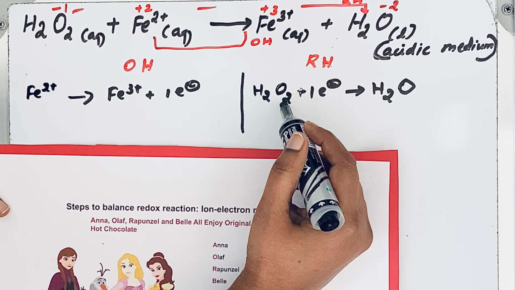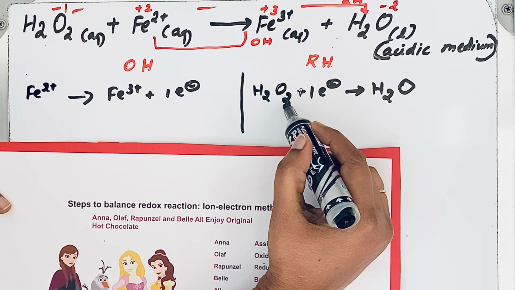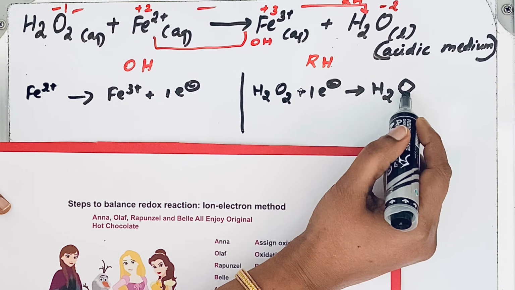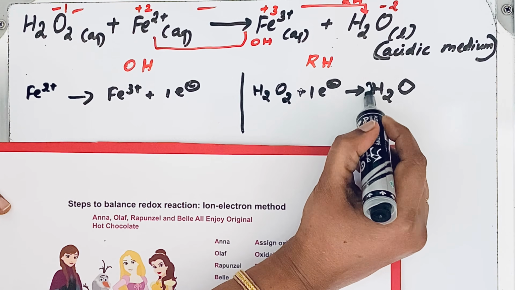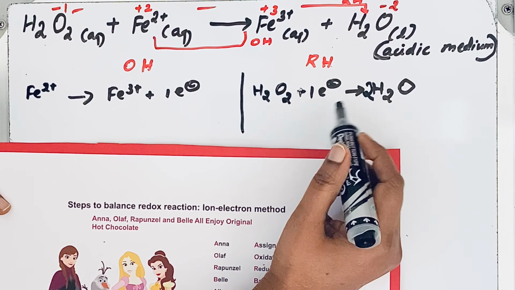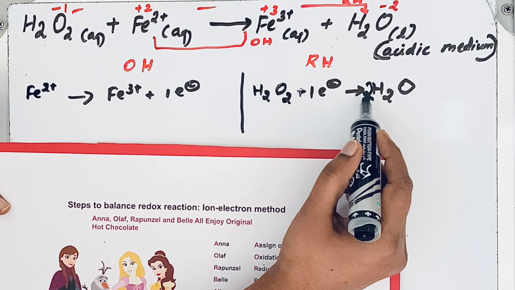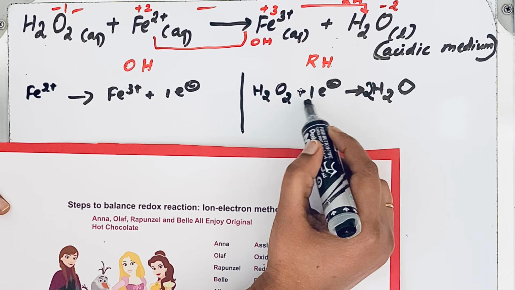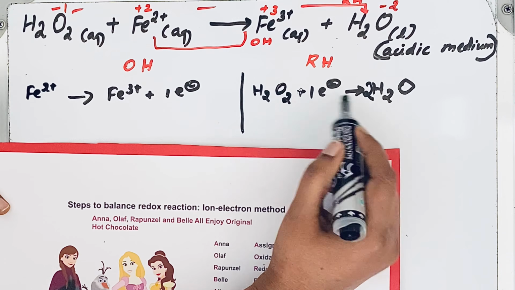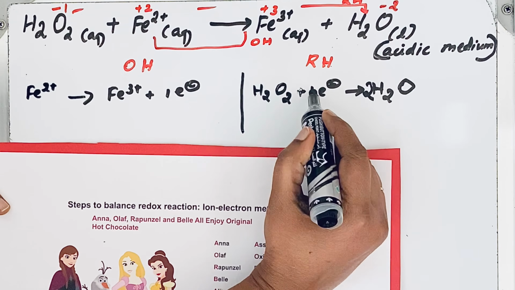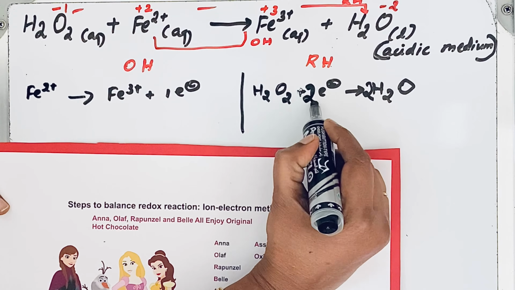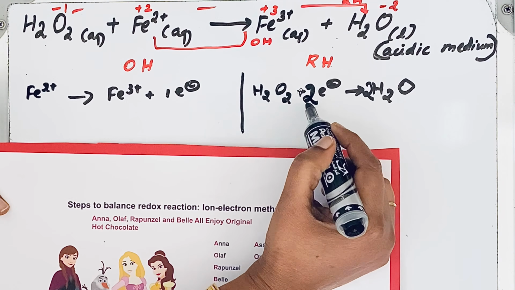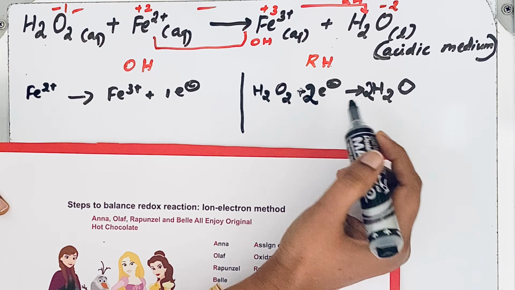But in H2O2 you can see there are 2 oxygen atoms here, but here only 1 oxygen atom. So to balance, we should put 2 here. When you write 2 here, the number of electrons also changes, because per atom, 1 electron. So here 2 oxygen atoms, so immediately you change that 1 electron to 2 electrons. 1 oxygen atom, 1 electron; 2 oxygen atoms, 2 electrons. So this step is over.